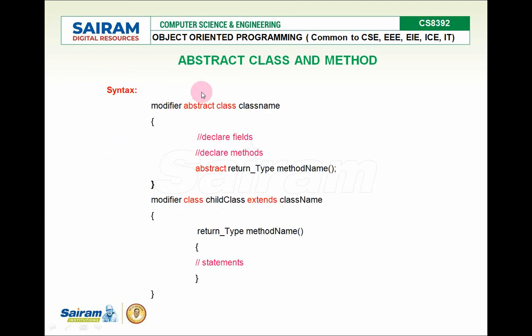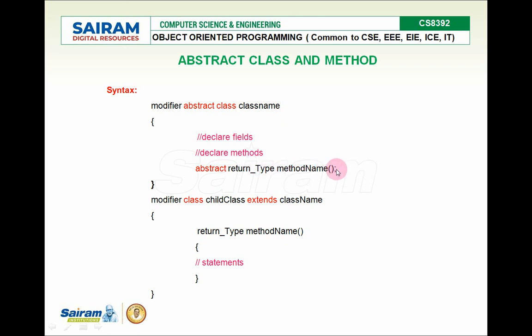This is the example for the abstract class. First the modifier, that is public, private or protected, then the abstract keyword, the class keyword and the class name. So this class is an abstract class. This abstract class can have a normal method as well as an abstract method. And for an abstract method, what is the syntax? Abstract keyword, return type and the method name.